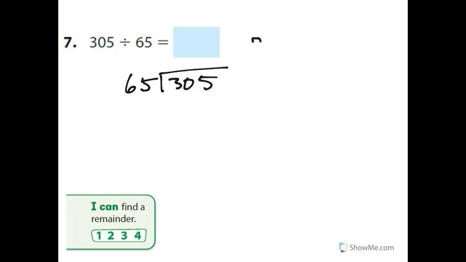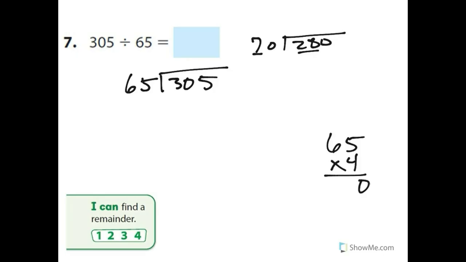Alrighty, so in my estimation, I'm doing 70 and 28 because 7 and 28 are math facts. So I'm going to do 65 times 4. 4 times 5 is 20. 4 times 6 is 24. 24 plus 2 is 26. Alright, well, if I did it one more time, it'd be 325.